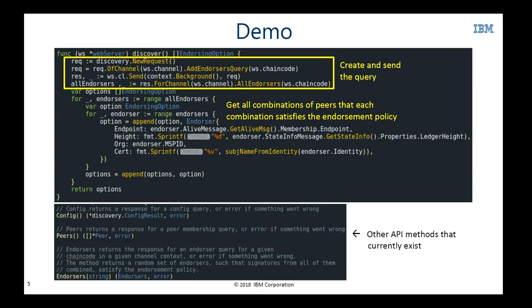Also, we have peers, a query that returns all of the peers in the channel. And lastly, we have endorsers, which returns a randomly chosen group of endorsing peers, such that if we collect endorsements from all of the peers in this group, then the endorsement policy is satisfied.